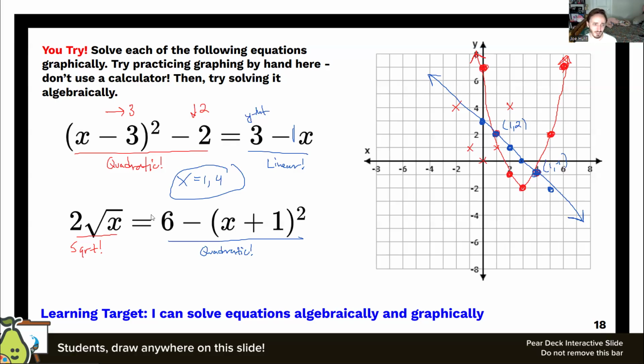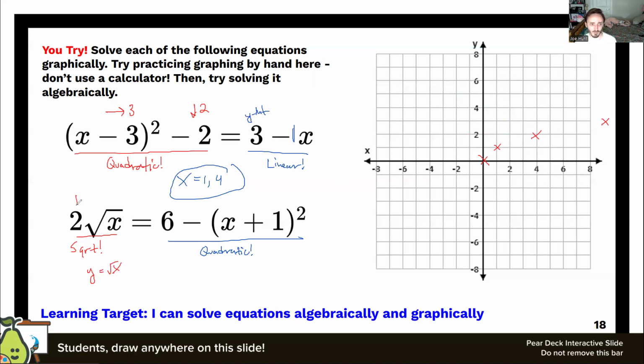Now, I'm also going to do the same process for my equations down here at the bottom. So I'm going to clear away my graphs here and repeat the process. For a square root function, if I were to think of y equals the root of x, normally that starts at 0, 0, and then it has a coordinate at 1, 1, but then I've got to jump to 4, 2 to get the next one, and then 9, 3.